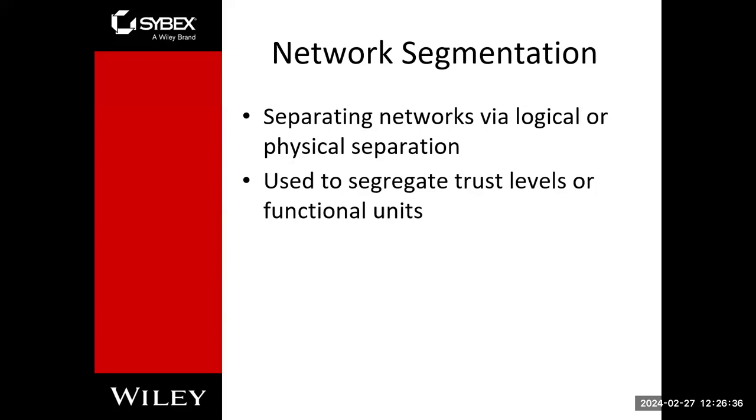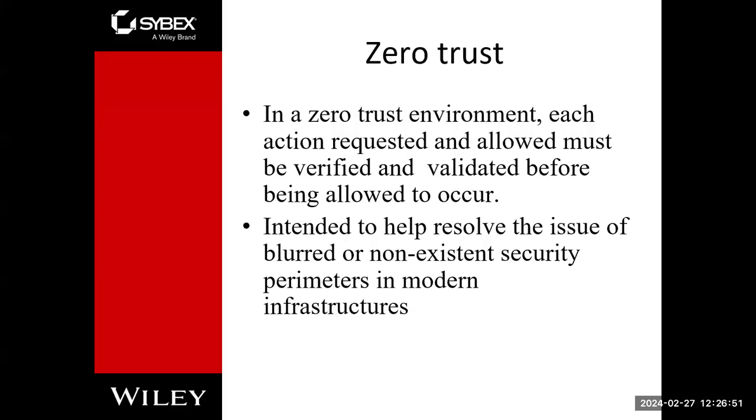Network segmentation is basically the splitting or separating of networks via logical or physical boundaries. They're used to segregate trust levels or functional levels. Then we get into the concept of zero trust. Zero trust basically says that nothing is to be trusted, right?